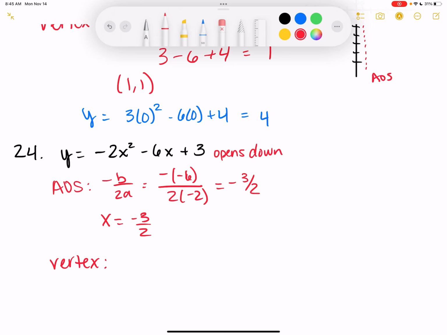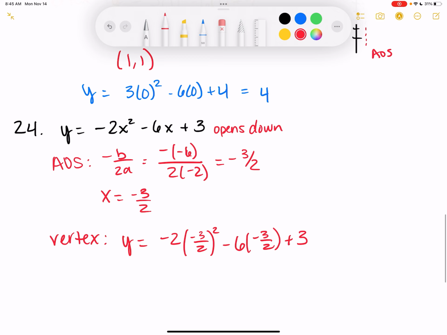So we have negative 2 times negative 3 halves squared minus 6 times negative 3 halves plus 3. So squaring negative 3 halves, the negative goes away. 3 squared is 9 over 2 squared is 4.